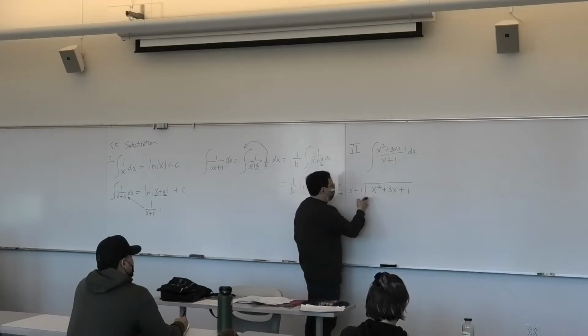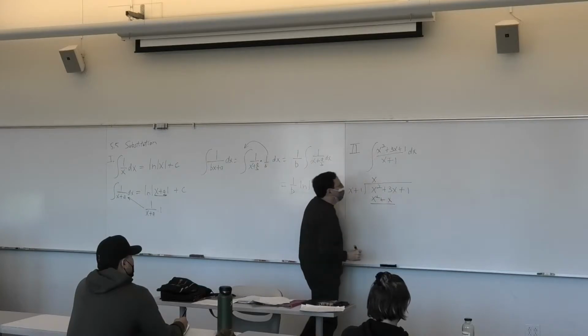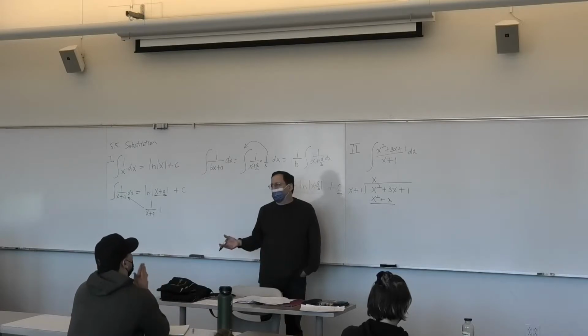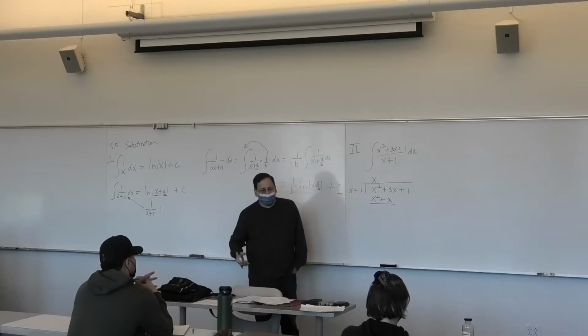All right, so how do I do this? x goes into x squared x times, x squared plus x. I suppose I could hope this is going to come out even, I'm going to have a remainder 0. That would be nice because then I have a simple problem left.